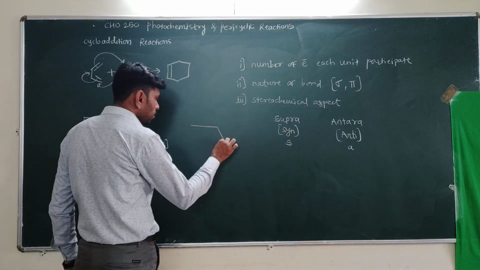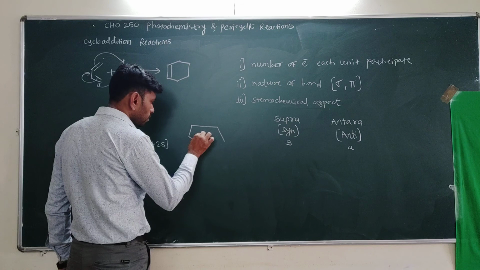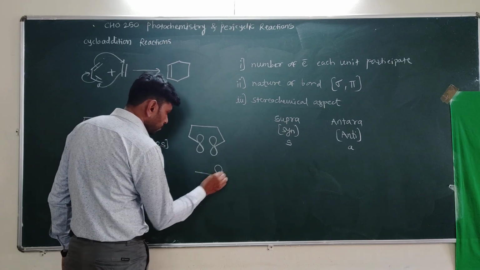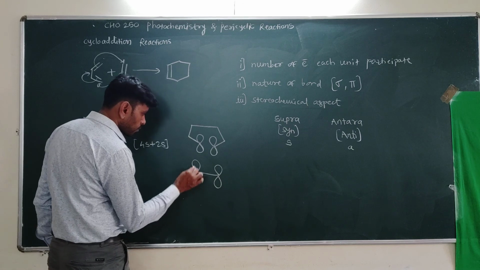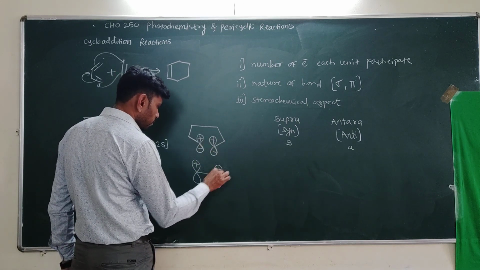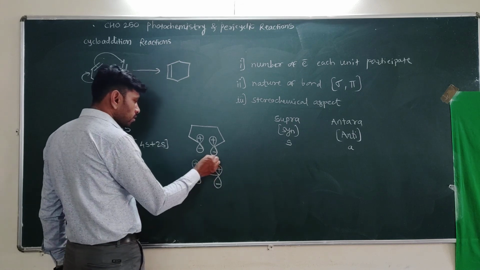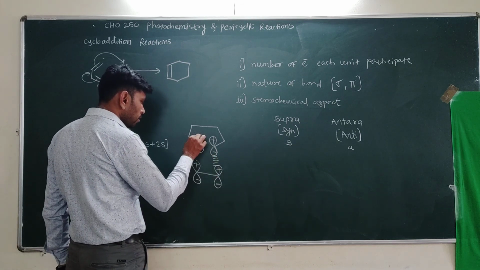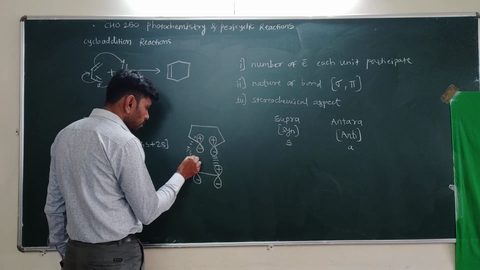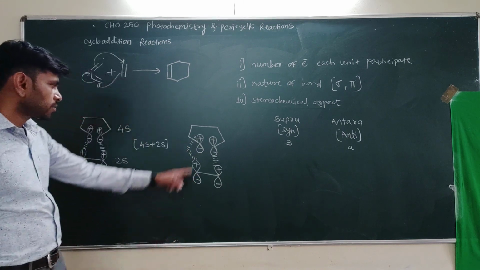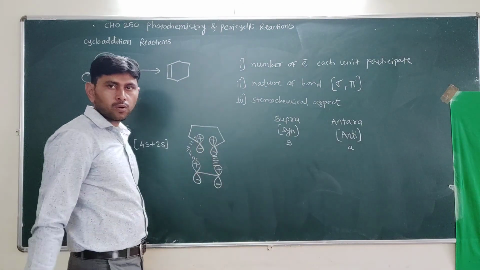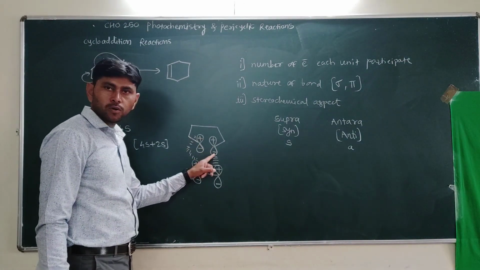So see another one, where in this case such a type of overlap is there, and so such a type of overlap. See the 4 pi electron system, one above lobe, one below lobe, one above lobe, one below lobe.